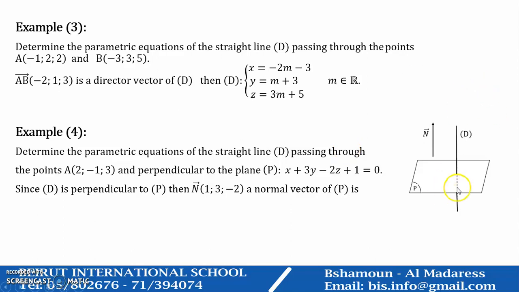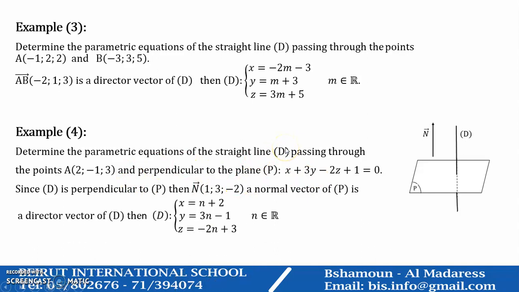As you see here, if I have a straight line perpendicular to the plane, then it is parallel to the normal vector. The normal vector in this case is a director vector of this straight line. So I can make use of n as a director vector of the straight line D. Now, as I said, n is a director vector of D, with coordinates alpha, beta, and gamma, and we make use of the coordinates of the point A, which are 2, minus 1, and 3.